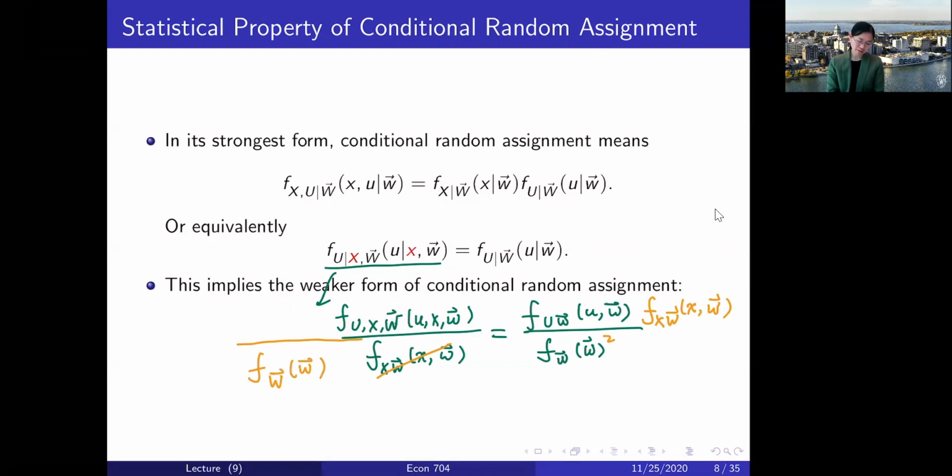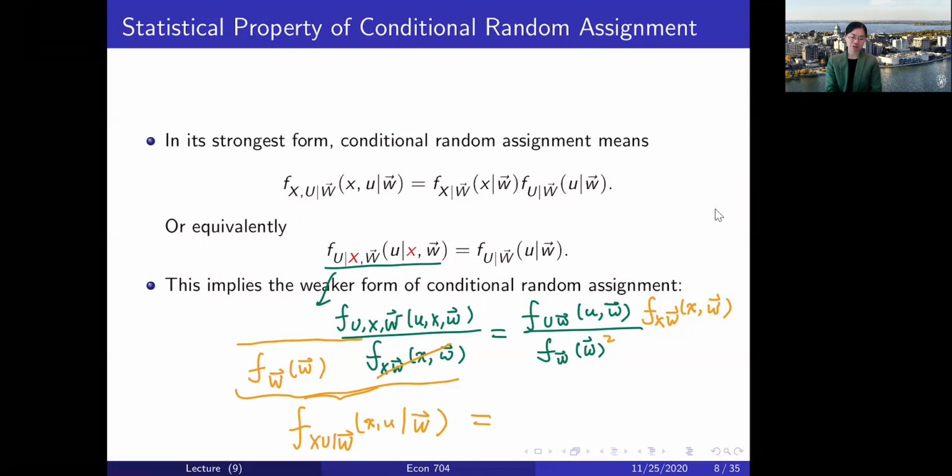Once I do that, the left-hand side will be exactly f_{XU} given W, and the right-hand side will be two ratios.